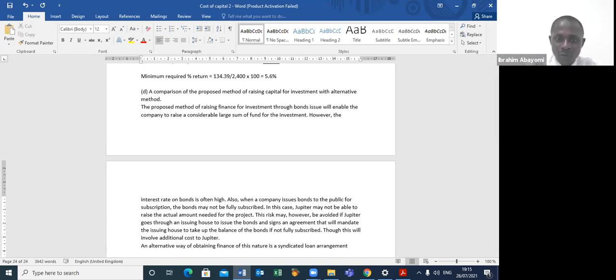Now, an alternative way of obtaining finance of this nature is through a syndicated loan, where banks from different countries or jurisdictions come together to provide debt finance.